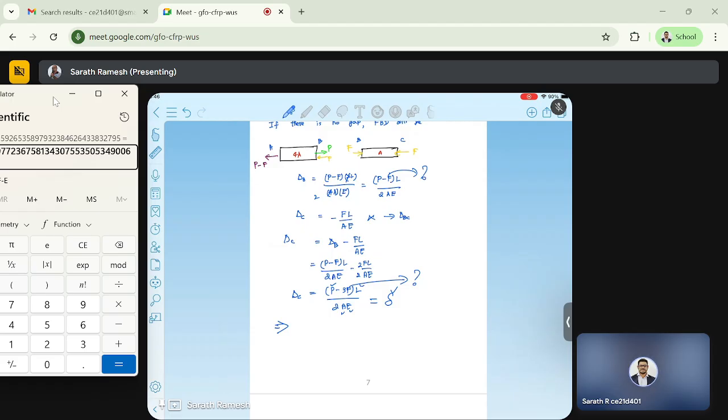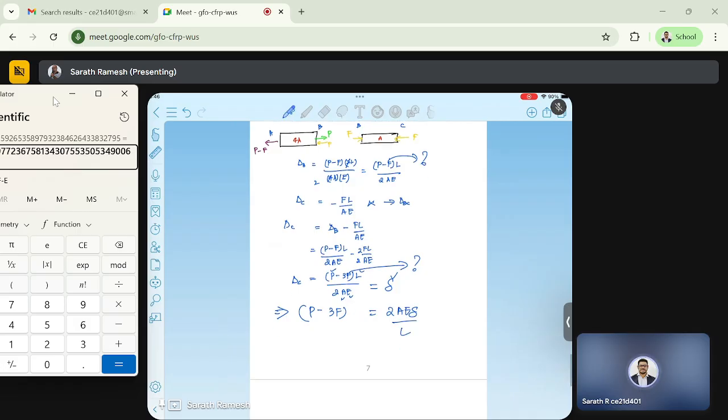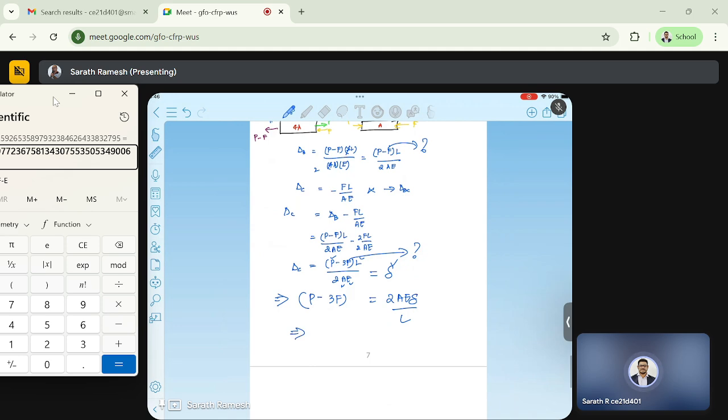Let's see what happens. So P minus 3F times L equal to 2AE delta. This L will come below, so 2AE delta by L. So P minus 2AE delta by L is equal to 3F.